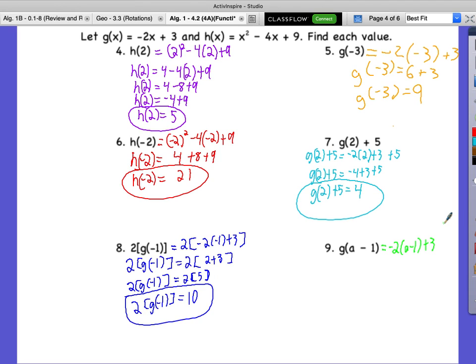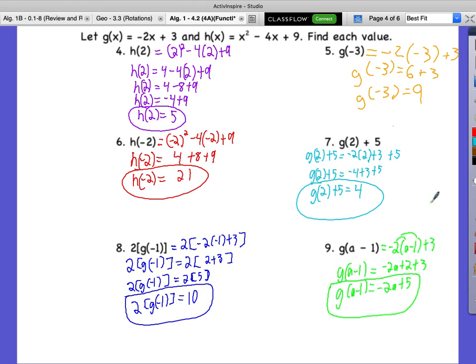What do we have to do? Distribute. So g of a minus 1 is equal to negative 2a plus 2 plus 3. Or we could take the negative to both. So g of a minus 1 is equal to negative 2a plus what? 5. We combine those like terms.